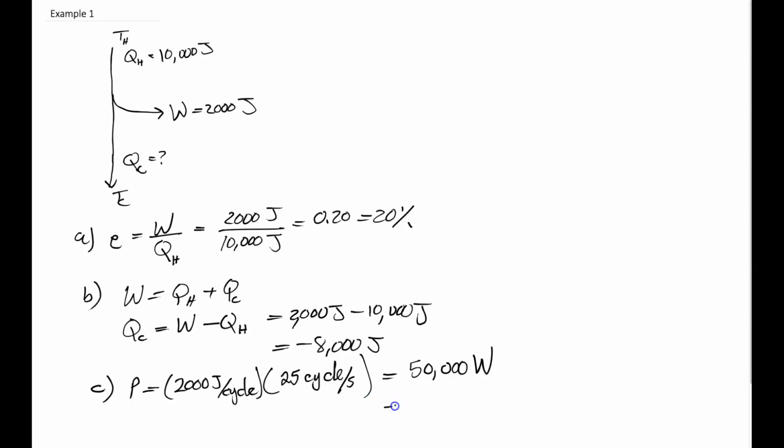And then to find it in horsepower, we take the 50,000 watts and multiply by 1 horsepower is 746 watts, which gives us about 67 horsepower.